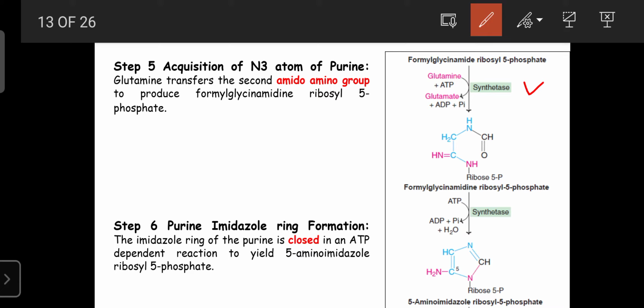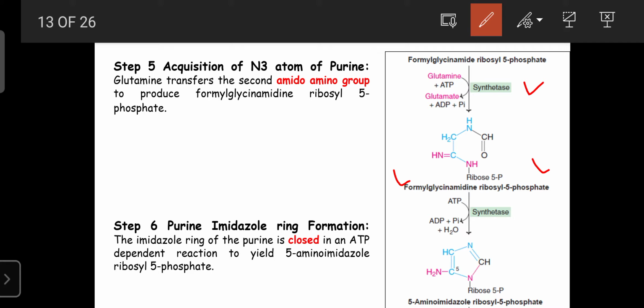So in the presence of ATP and glutamine, the synthetase enzyme can convert formyl glycinamide ribosyl 5 phosphate into formyl glycinamidine ribosyl 5 phosphate.